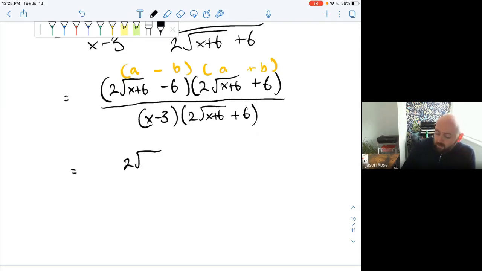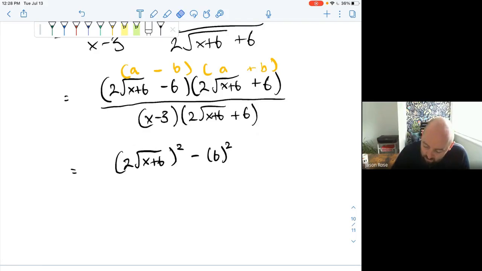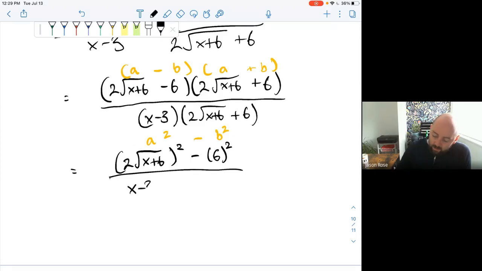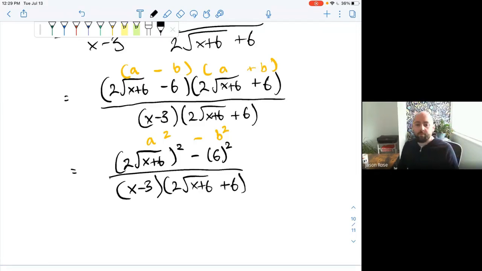So it's 2 root x plus 6 squared minus our b squared, which is 6 squared. So this is your a squared minus b squared. And your denominator is going to stay the same right now. 2 root x plus 6 plus 6.